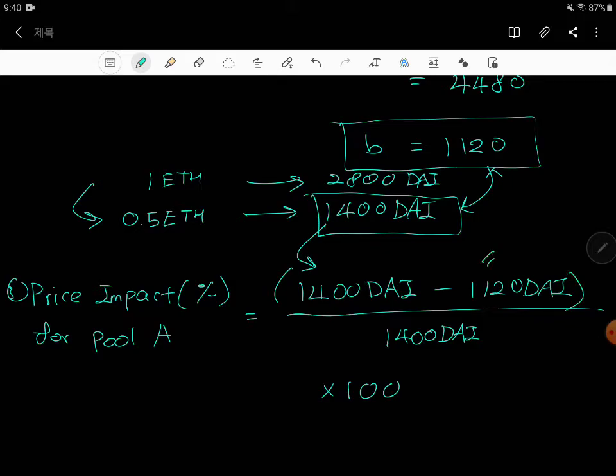So if you compute this, 280 DAI difference, right?